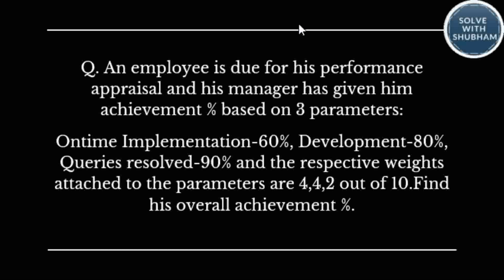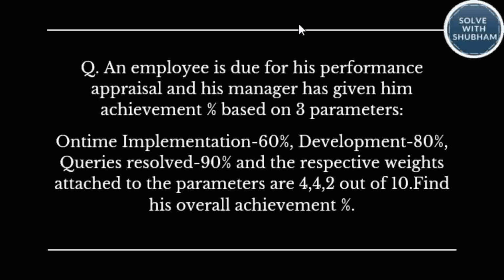An employee is due for his performance appraisal and his manager has given him achievement percentage based on 3 parameters. On-time implementation is 60%, development is 80%, queries resolved is 90%, and the respective weights attached to the parameters are 4, 4 and 2 out of 10.